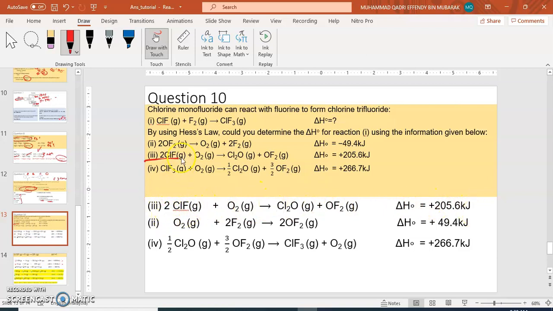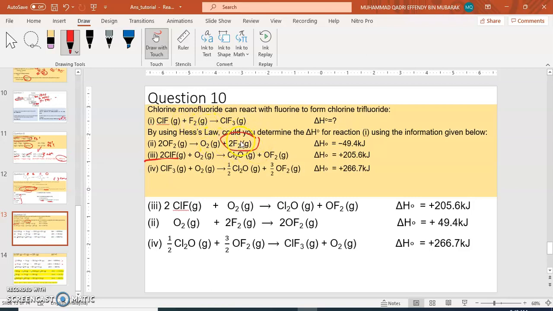And then I would like to look at the F2 gas, fluorine gas. So I will use this equation.